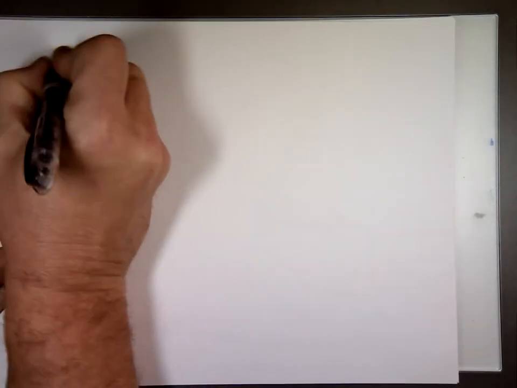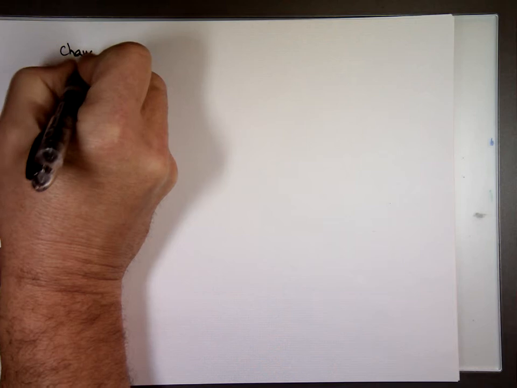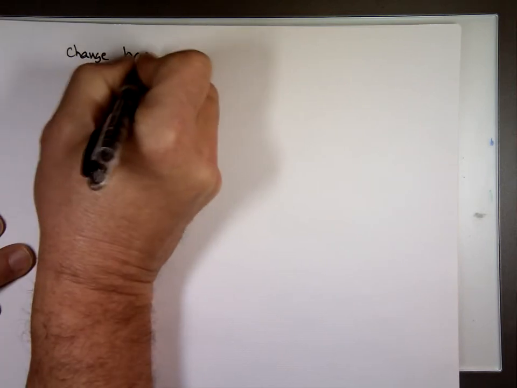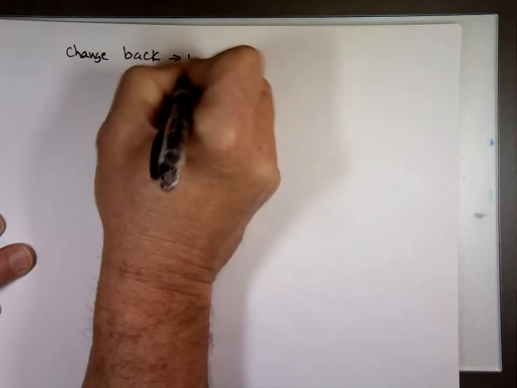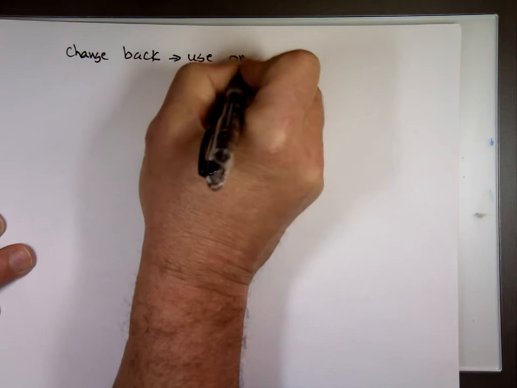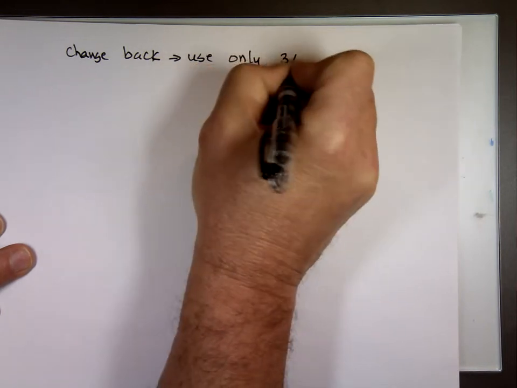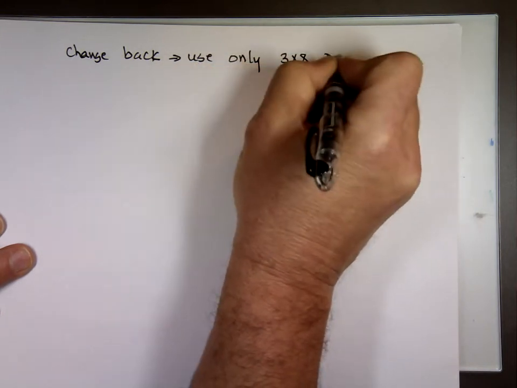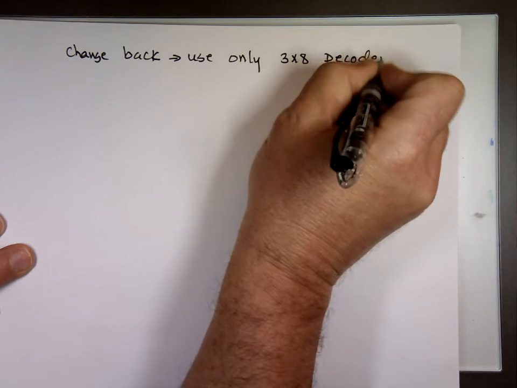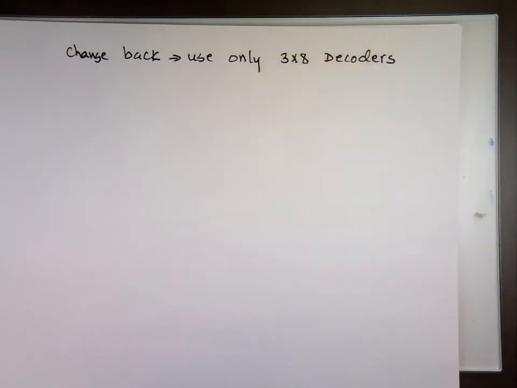I'm going to mix and match. As I said, I'm going to have fun with it. For change back, we're going to use only 3x8 decoders. So I need to have, I have 16 inputs, right?